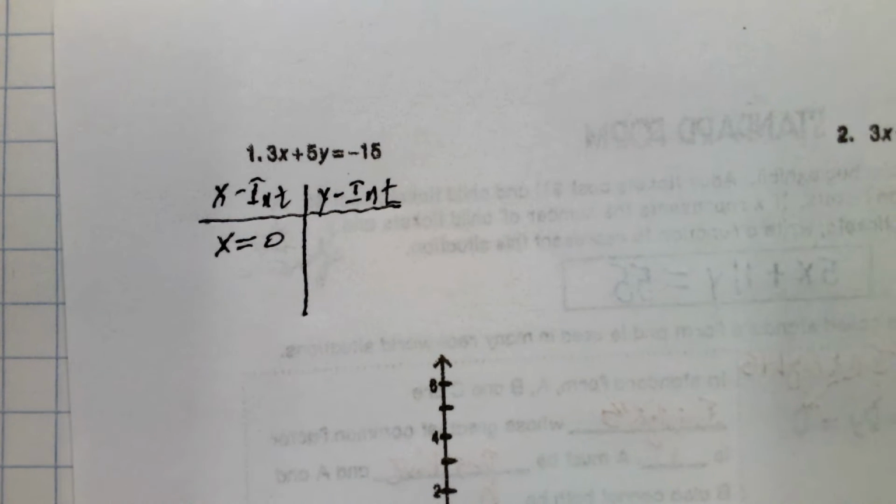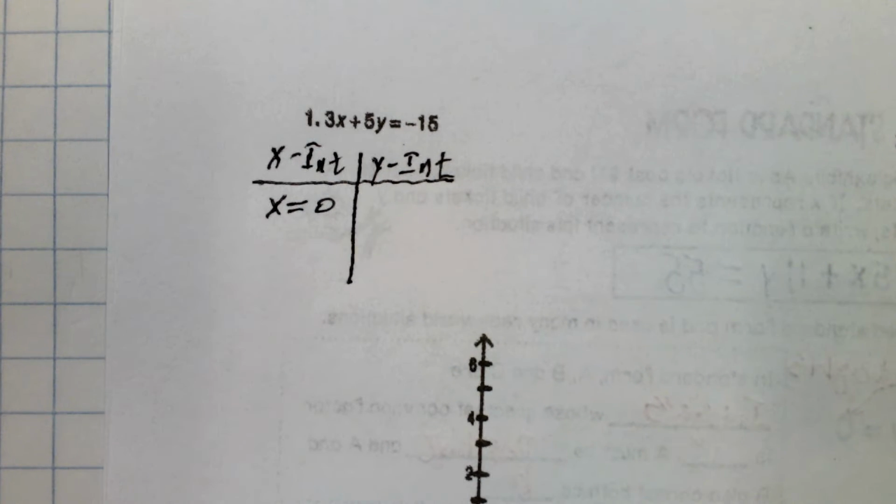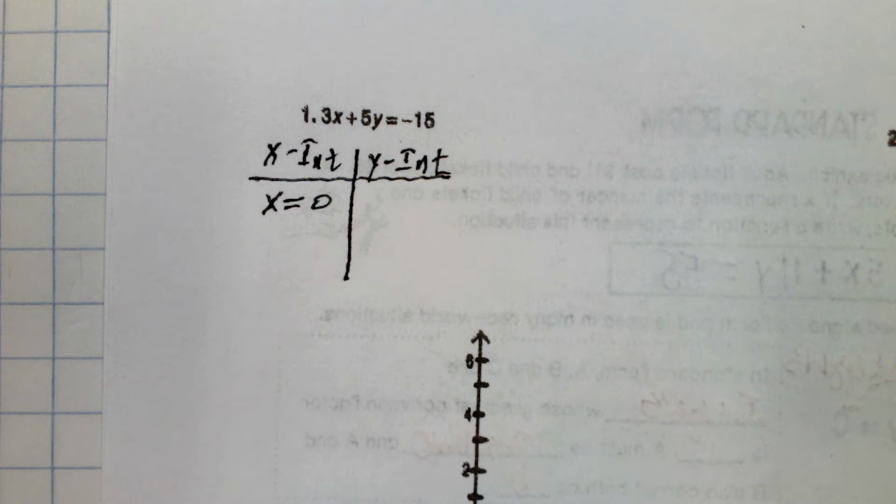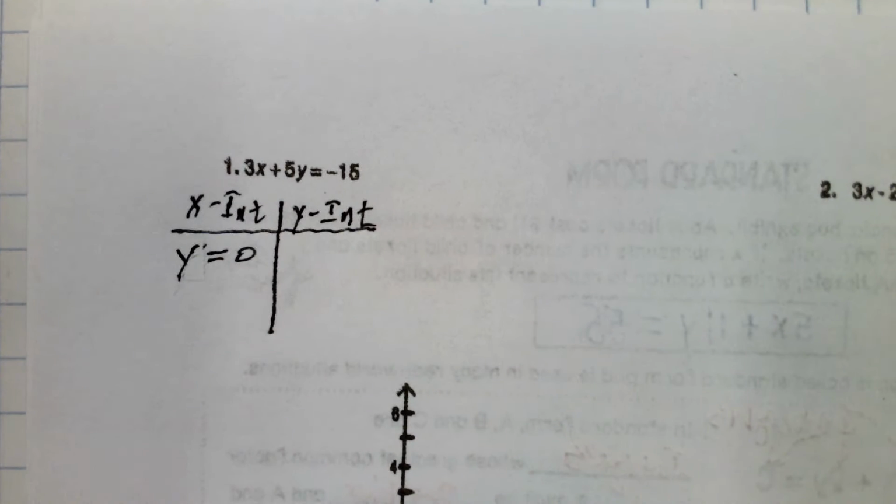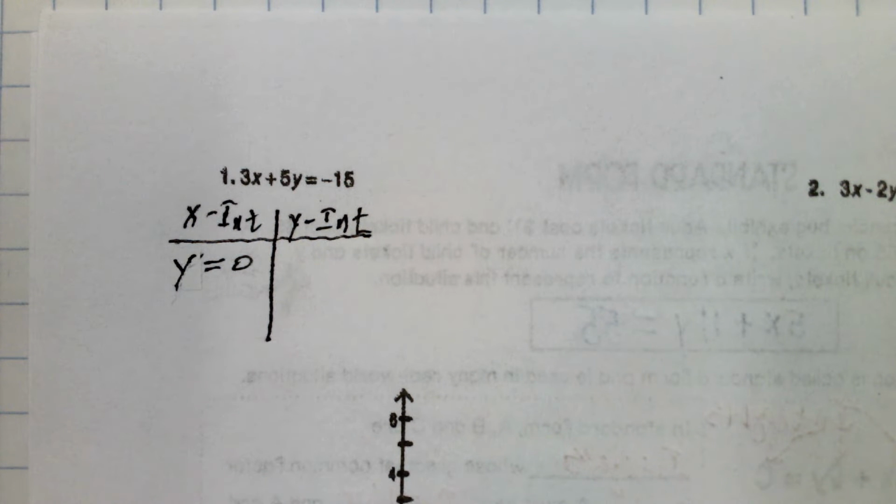Okay, so now, if that's true, and I replace, I'm sorry, y equals 0. Let's do that again, y equals 0. If that's true and y is 0, what's 5 times 0? 0, so it goes away.